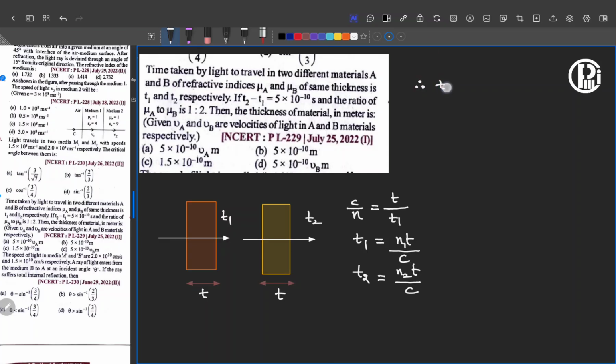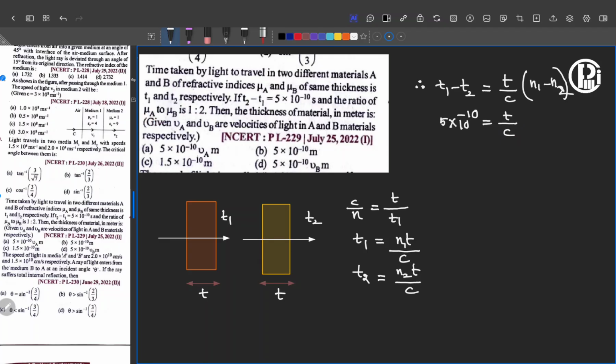So therefore this T1 minus T2 will be equal to, if I take out t by c, n1 minus n2, right? What is T1 minus T2? T1 minus T2 is 5 into 10 power minus 10. So 5 into 10 power minus 10 will be equal to t by c into n1 minus n2. They are in the ratio of 1:2, right?